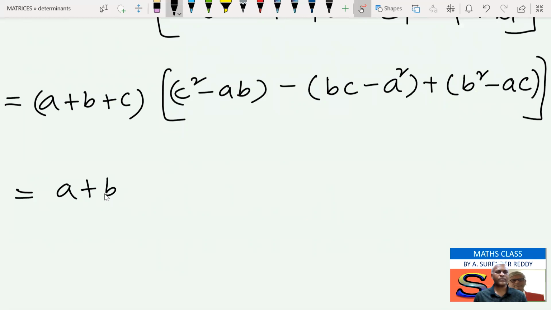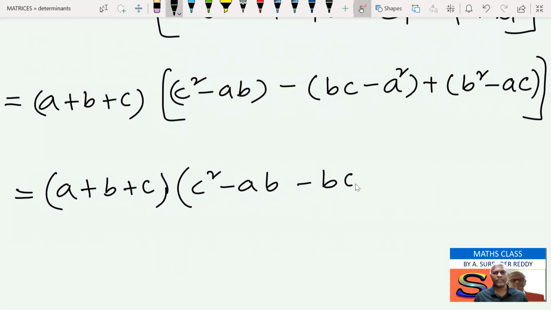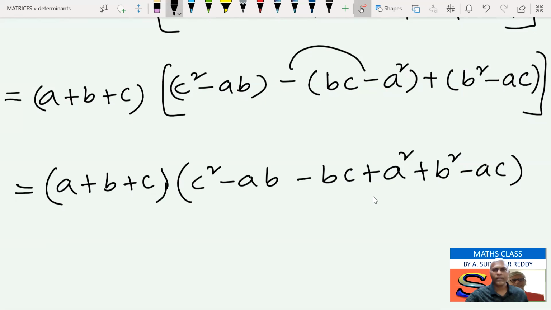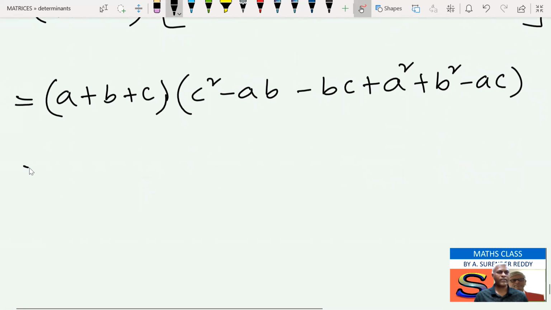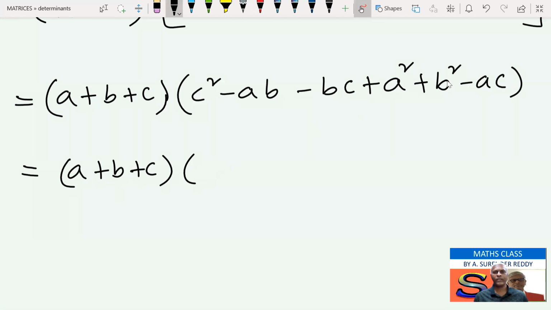So this is A plus B plus C into C square minus AB minus BC, minus into minus plus A square plus B square minus AC. And it can be written as A plus B plus C into A square, B square, C square.